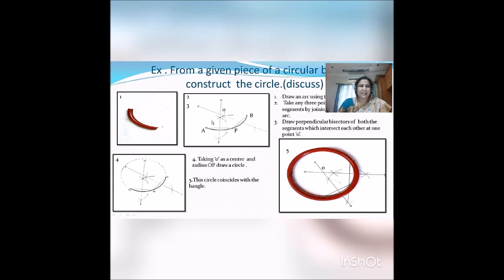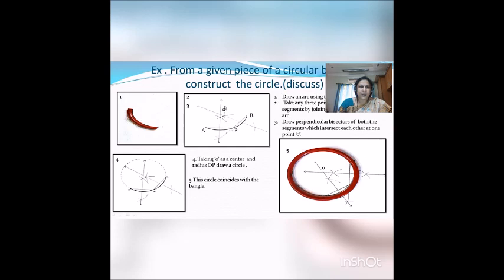In the first step, you will draw an arc which is congruent to this piece of bangle. And take any 3 points on this arc. Here are A, P and B. Join the points AP and PB. You will get two segments, one is AP and the other is PB.